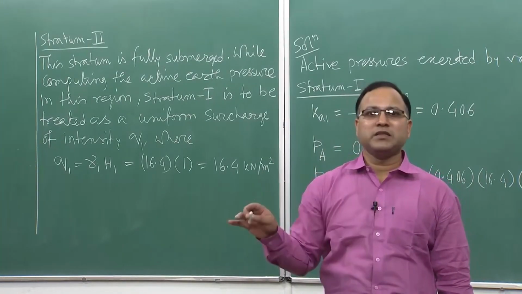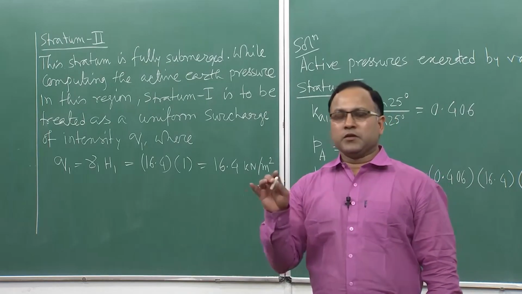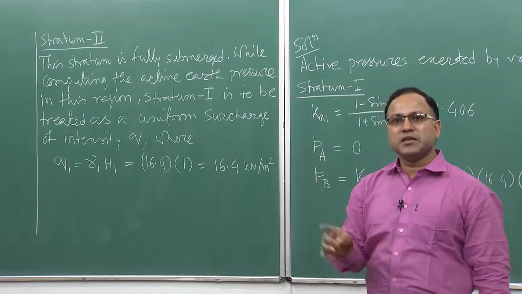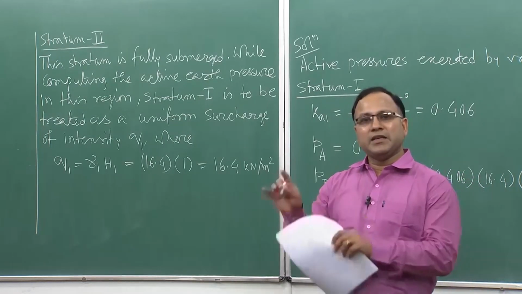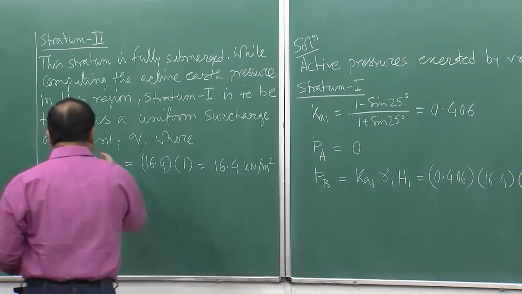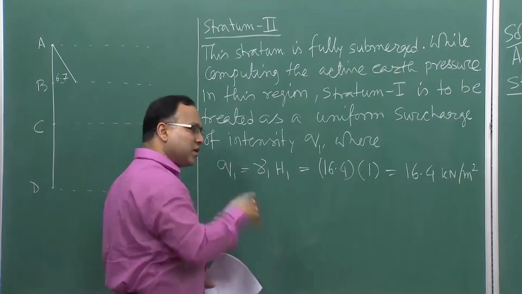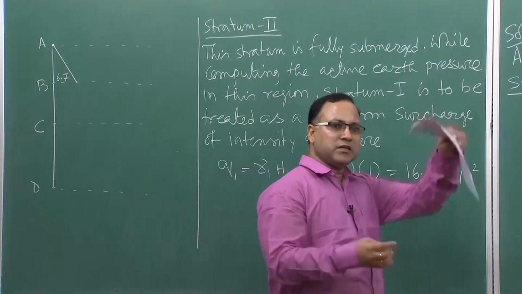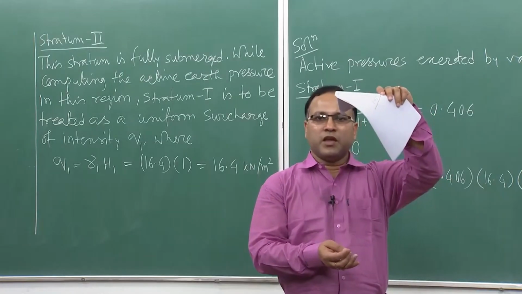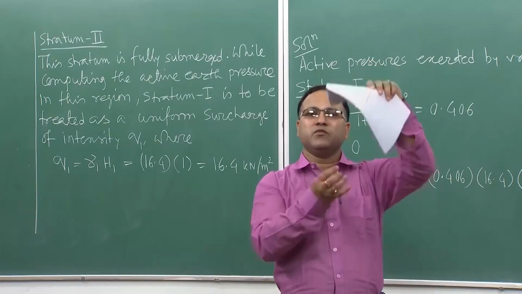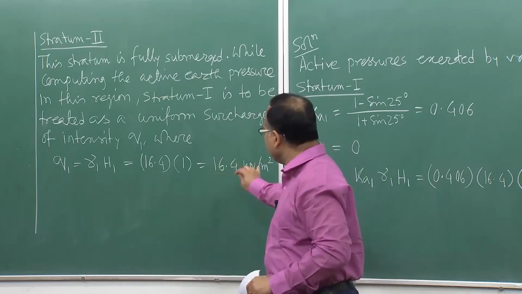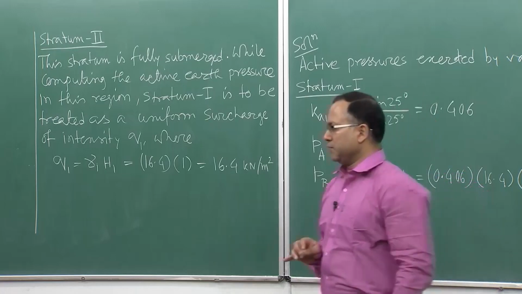That will always be there. So, stratum 1 will be considered as the uniform surcharge acting on stratum 2. That Q1 is nothing but gamma 1 into H1, the total depth of stratum 1 lying over stratum 2, and it is given by 16.4 kilonewton per meter square.